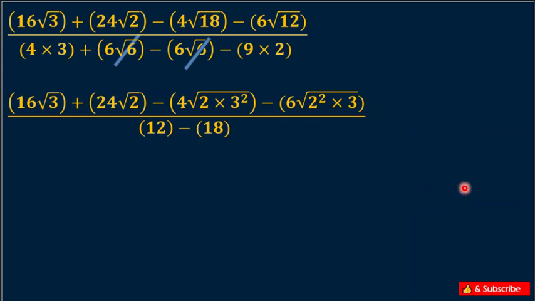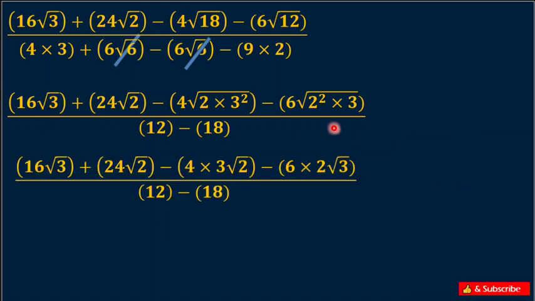Great. And so from this is the next step. After simplifying the terms we have here, we have 60 root 3 plus 24 root 2 minus 4 times 3 root 2. This is after simplifying root 18.